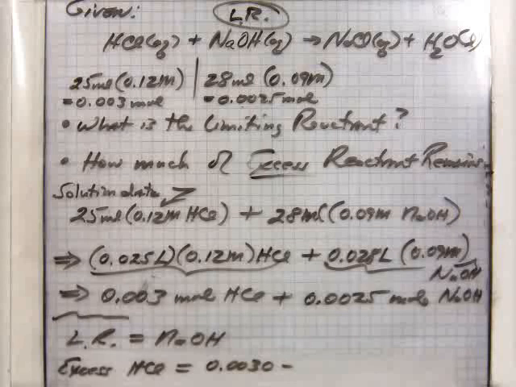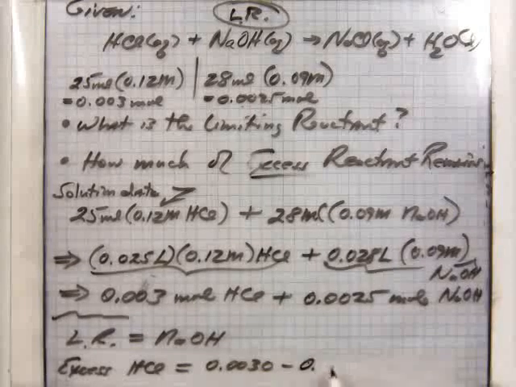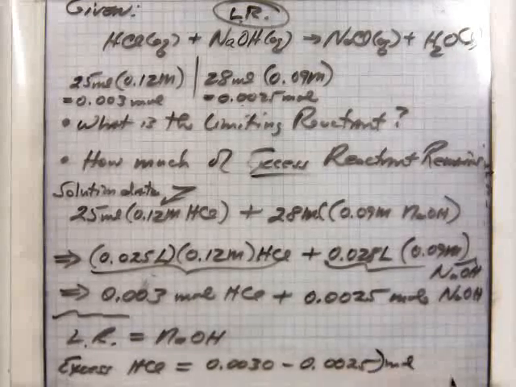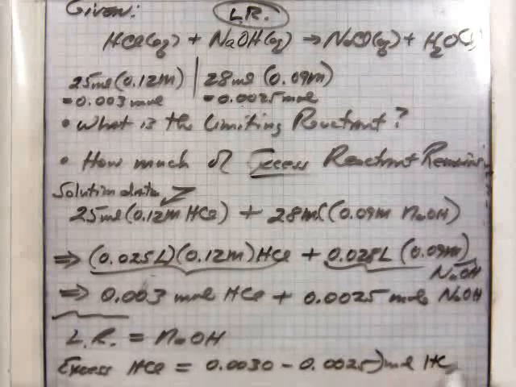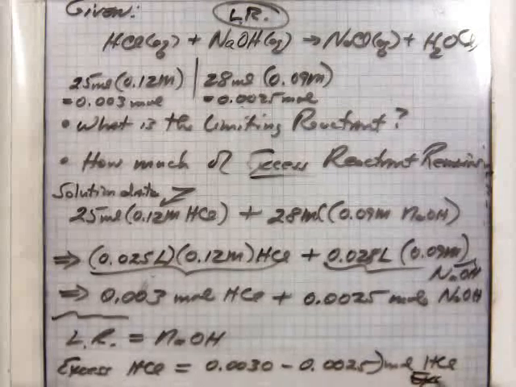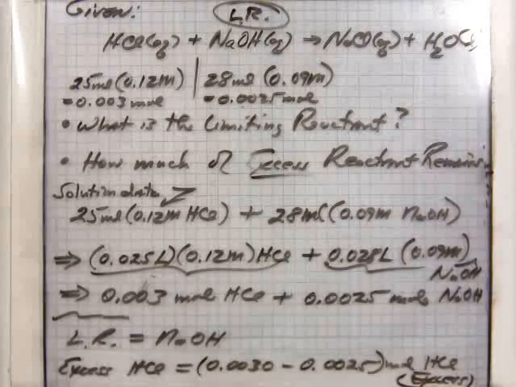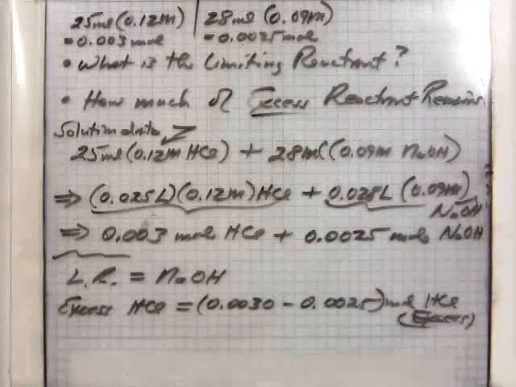Everybody okay on that? Some people miss that, and it causes problems later on. So I want to simply subtract 0.0025, and that leaves me with the moles of HCl in excess. That up, we won't need that anymore.